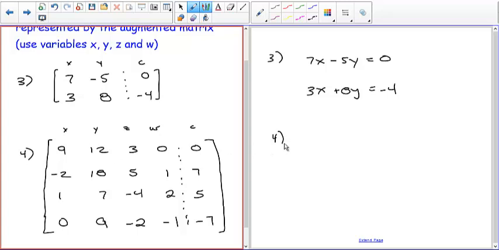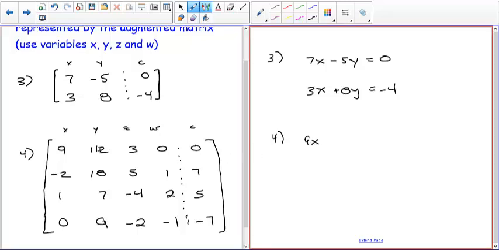So we got 9x, 12y, 3z, and 0w. We don't need to put it in there, but we will leave a space, and that equals 0, the right hand side. Okay, the next row, -2x plus 18y plus 5z plus w equals 7.